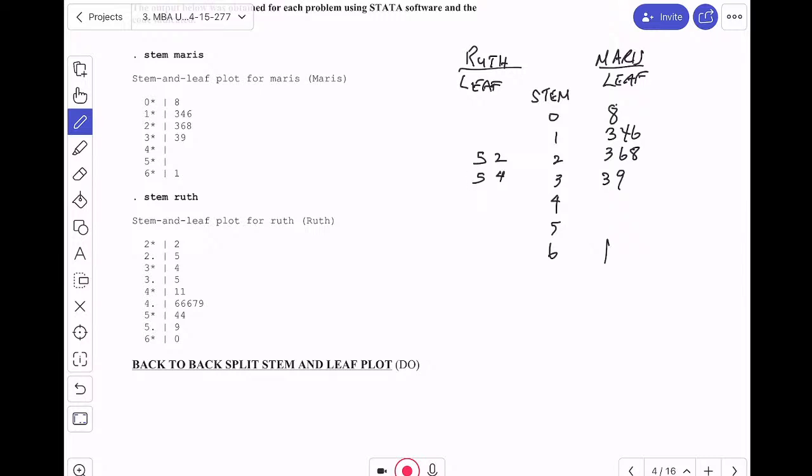For the 40s, it's 41 and 41, and then we have 6, 6, 6, 7, 9, and 45. That's all of them. So then we get to 50, 54, 54, and 59, and finally 60. There you go. So there is my back-to-back stem and leaf plot.